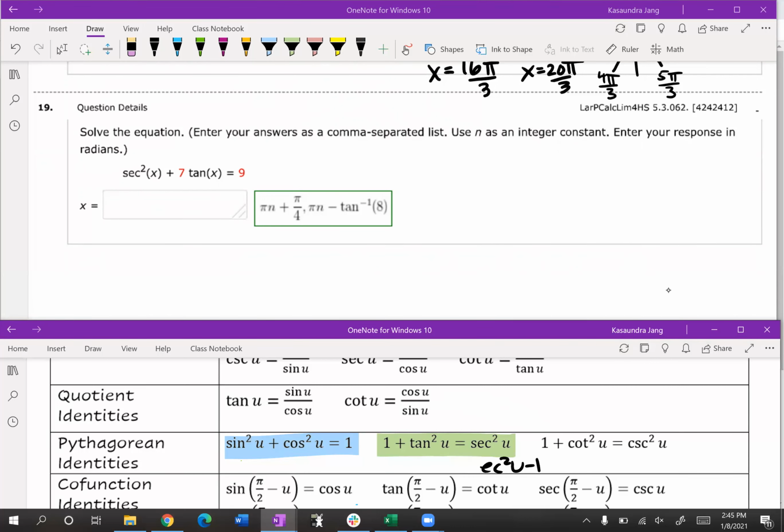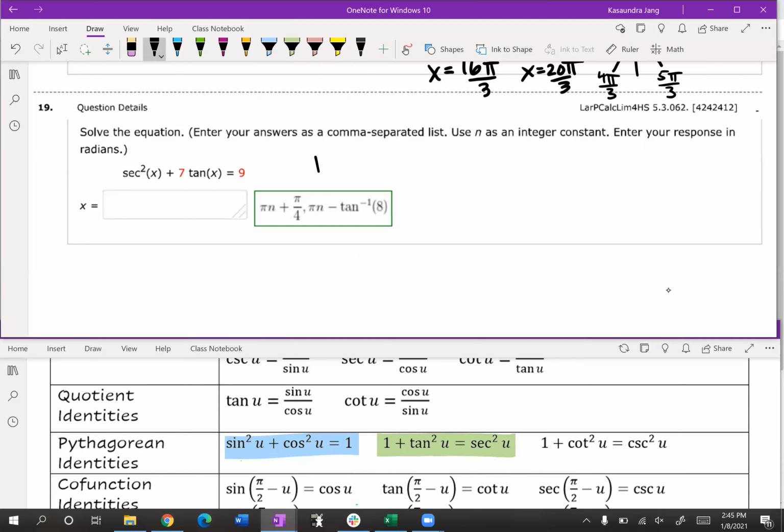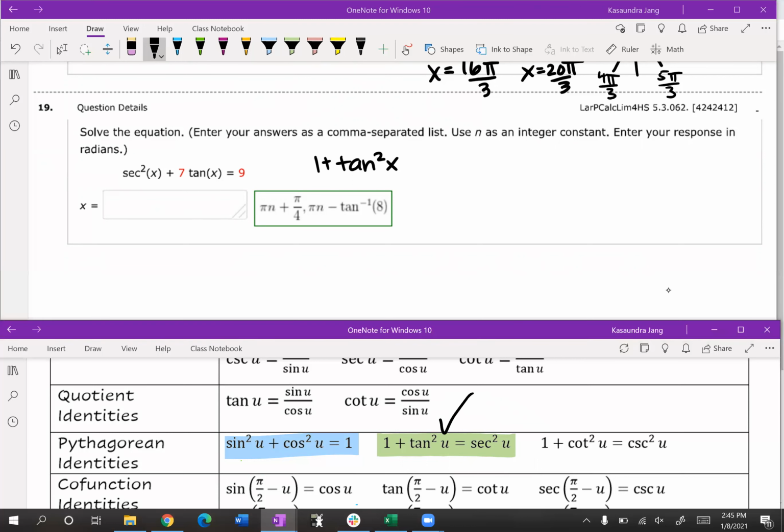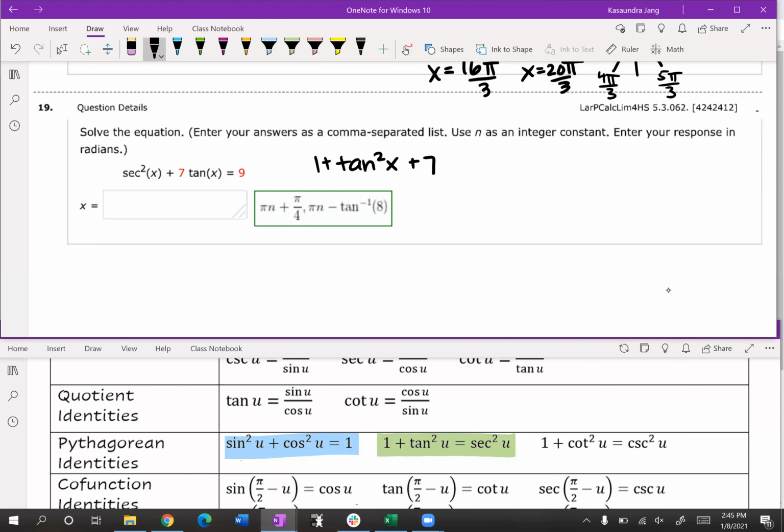I'm going to rearrange it to solve for secant squared, so I'm going to use the highlighted part here. Secant squared is equal to 1 plus tangent squared. And I've got tangent squared of x in this case. I know it said a u on the identity, but my variable is an x on number 19 here. And then I've got plus 7 tangent x equals 9.